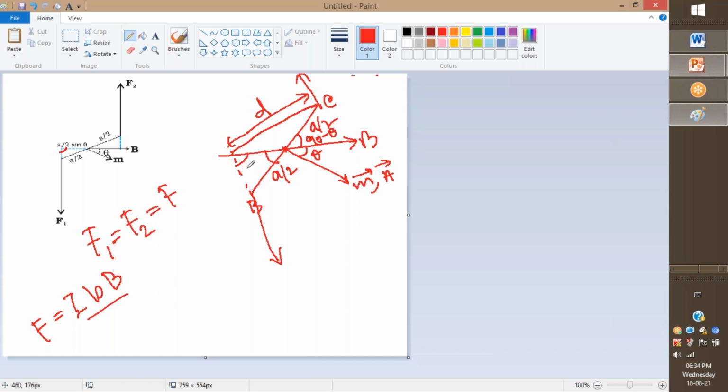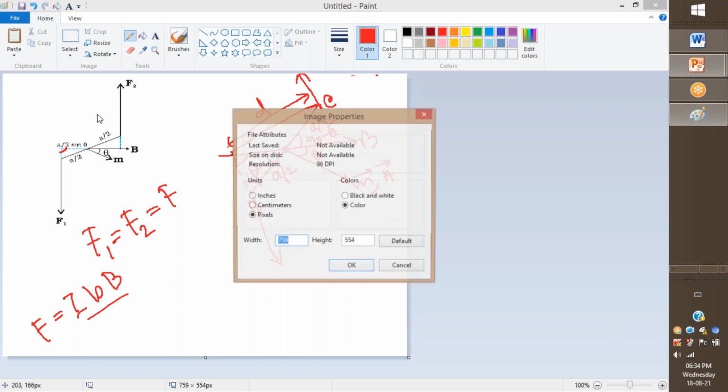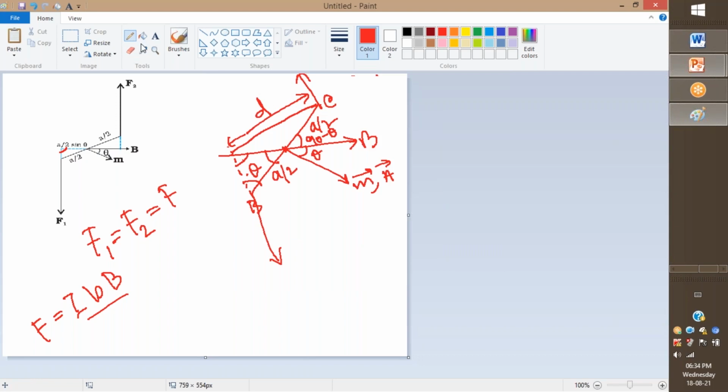This will be 90 minus theta, and from here you can see this is also 90 degrees. So this will be your theta.